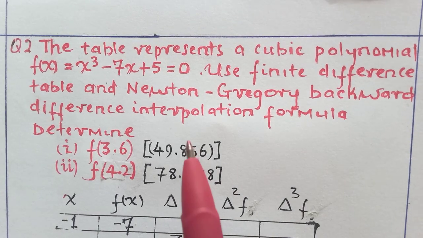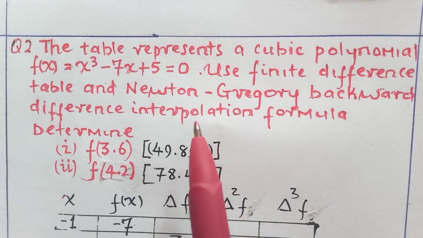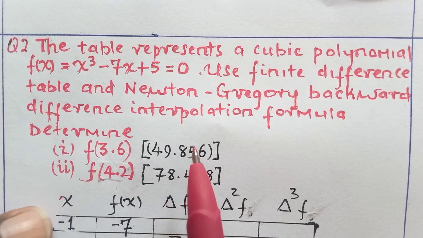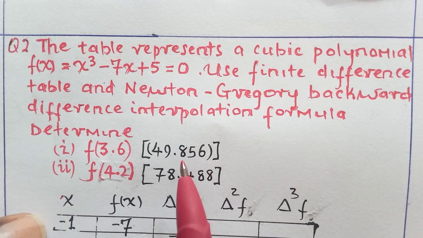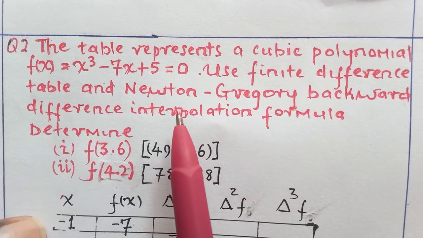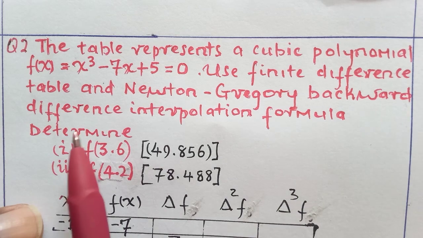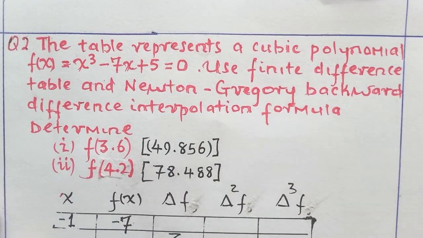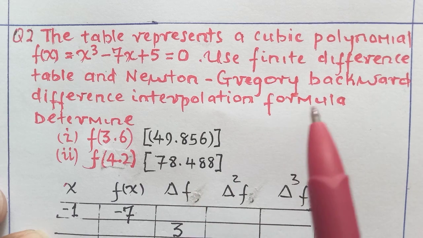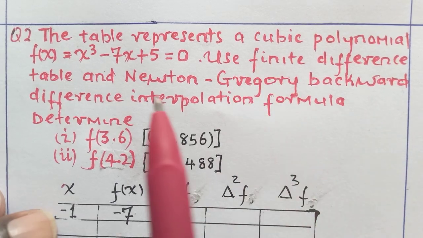So today guys, we are looking at this problem, and this is the problem of numerical methods. And today we are going to look at Newton-Gregory backward difference. So the first thing, I will read the question and then we go and look at it and do it.